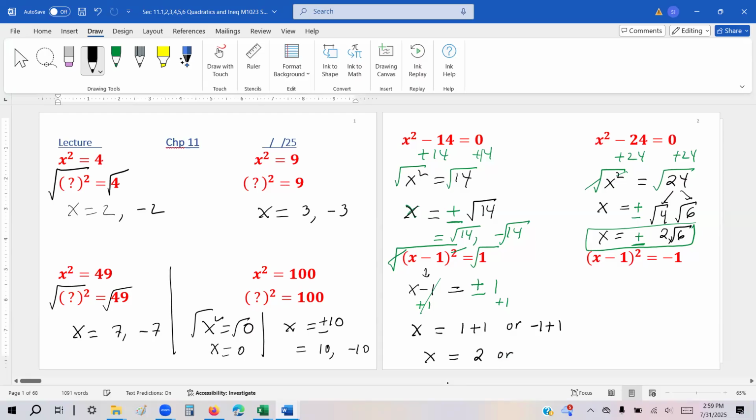So what are the two answers? 2 and 0. It means if you put 2 minus 1 squared, the answer is 1. Or if you put 0 minus 1 squared, the answer is 1. There are two numbers that will give you 1 when you subtract 1 and square that box.